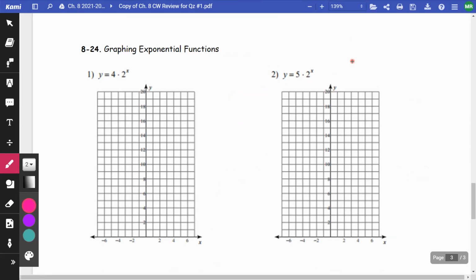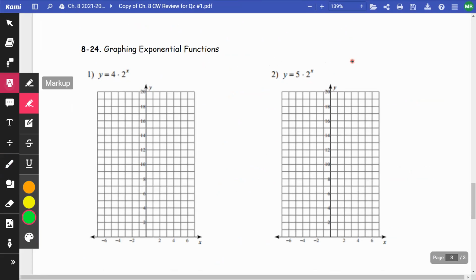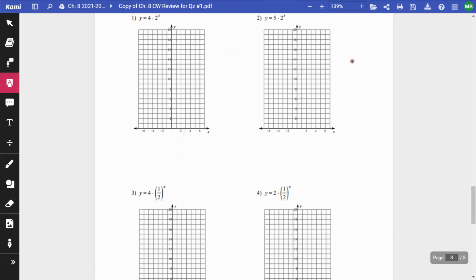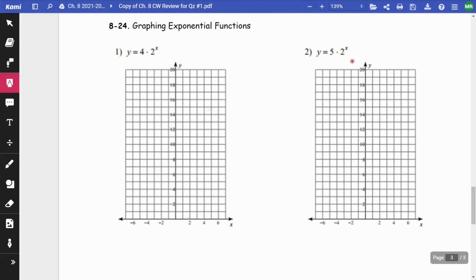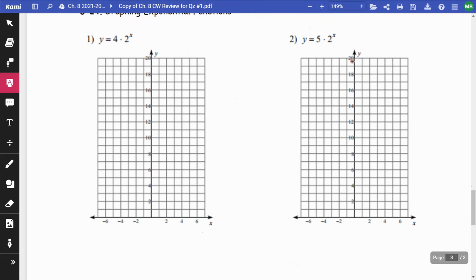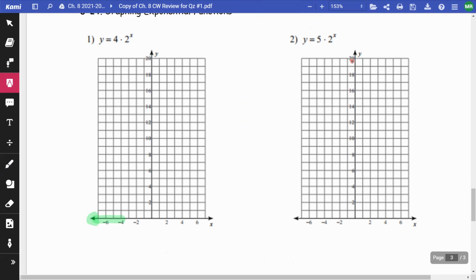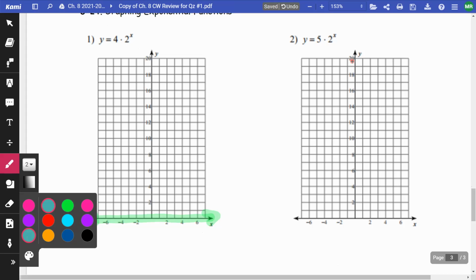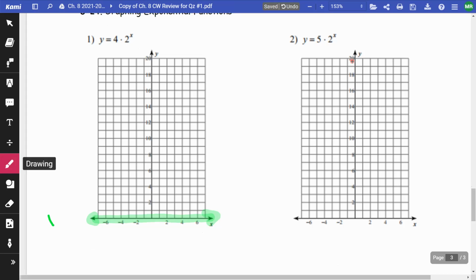was, again, each of these is going to have an asymptote. Each of these graphs, for us in our Integrated 1 class, are going to have an asymptote on the x-axis with y equals 0. And each of these graphs are going to end up having the same domain and range.